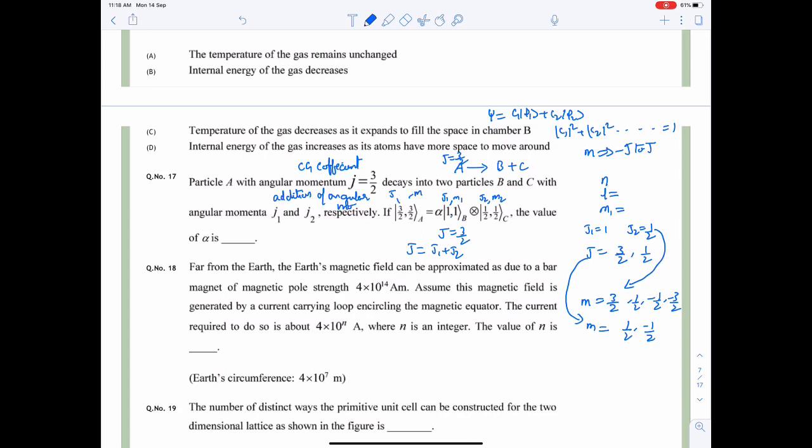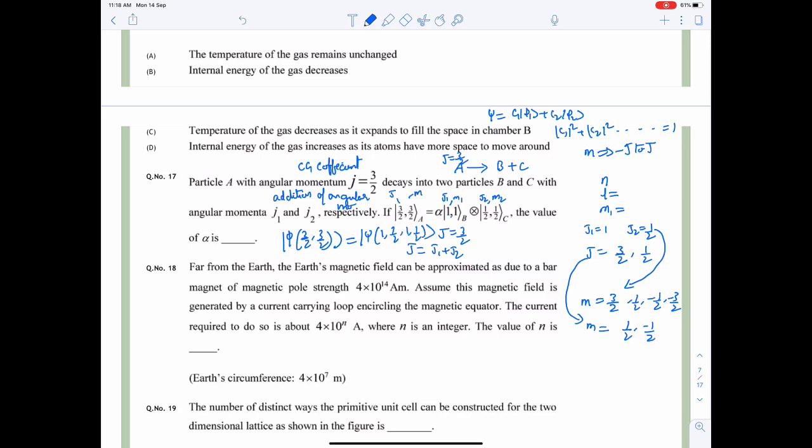Actually I have to explain from the beginning, but due to the time constraint I cannot explain the whole. So what we can do here is, you have to remember that we can write this as the coupled state 3 by 2, 3 by 2, and psi 1/2, 1/2.